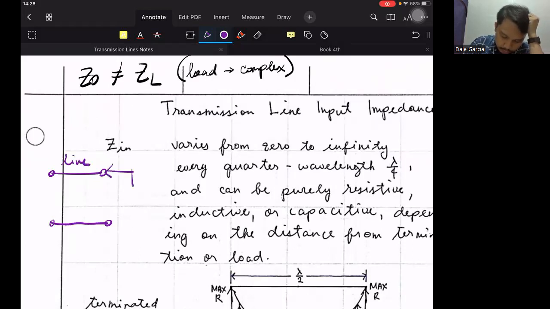This is our load. Our complex valued load. Na, hindi sila match, no? ZO is not equal to ZL. So what do?